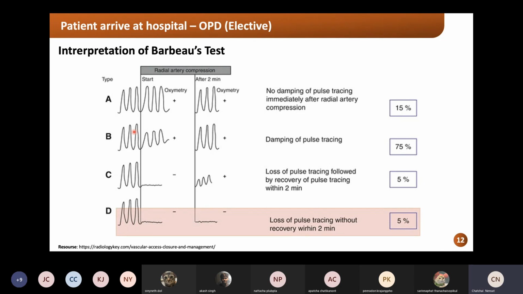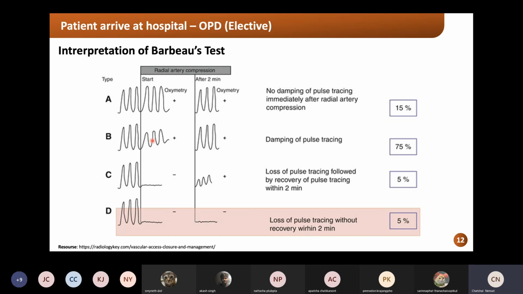And after 2 minutes, after we release the pressure on the radial artery and ulnar artery of the patient, you will see that the amplitude returns to the same amplitude as before we compressed the arteries. So we interpret that as damping of the pulse tracing, and generally about 75% of people will have this pattern, type B.